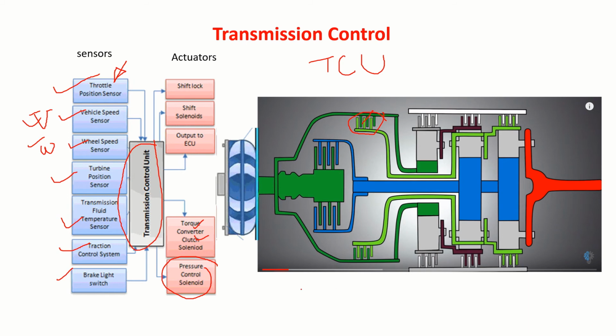So you do not have to worry about those things. Based on the intention of the driver, the positions change automatically, different speed ratios are obtained, and finally you get the output. Unless you have a transmission control system, it's not possible to automatically decide the speed ratios. So that's how the transmission control system works.